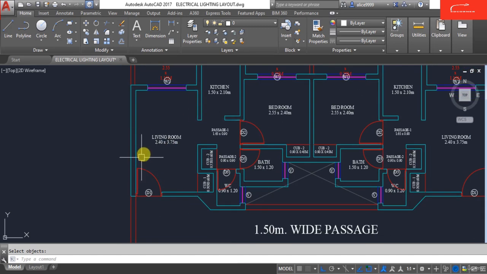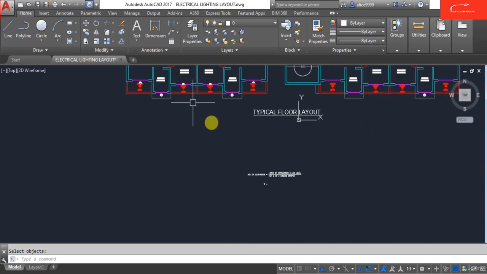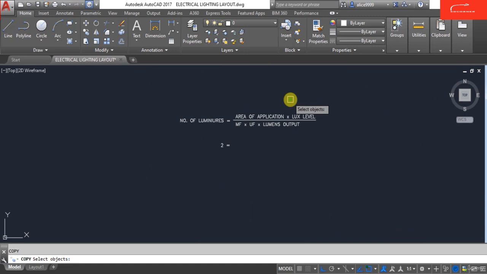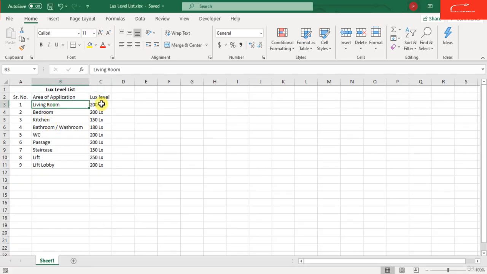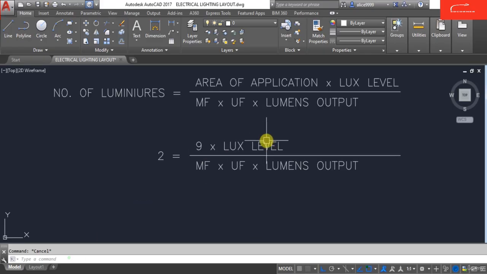So I will mention the 9 square meter over here, and the standard lux level which I have mentioned for the living room, that is 200 LX.